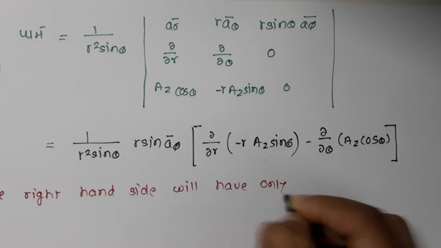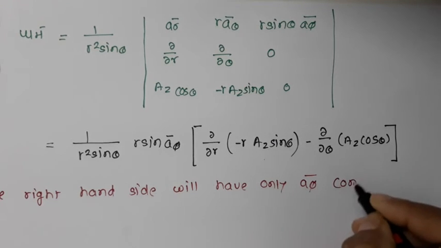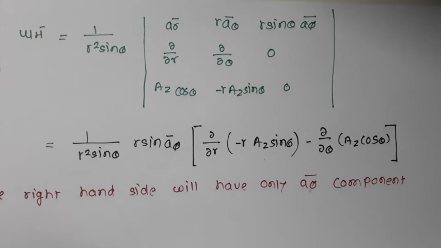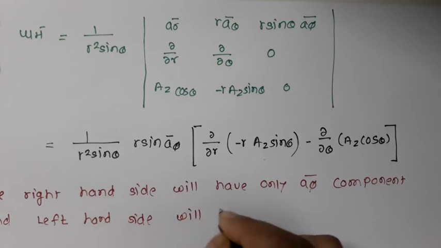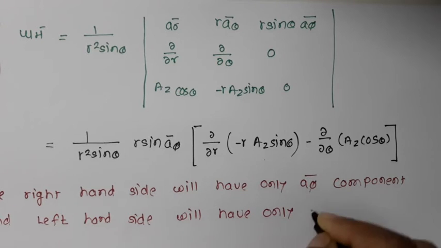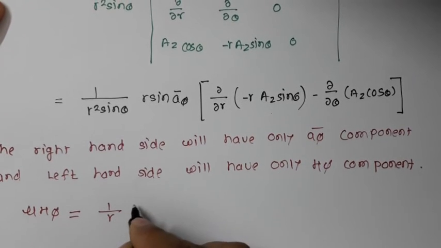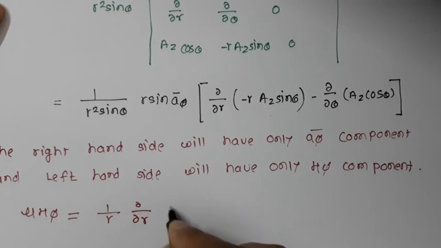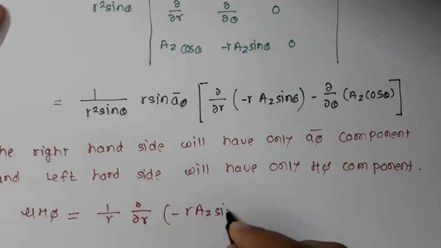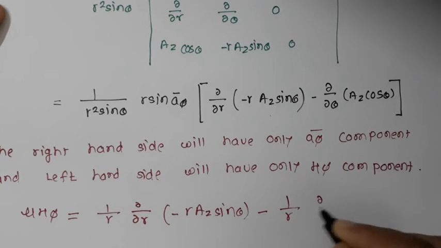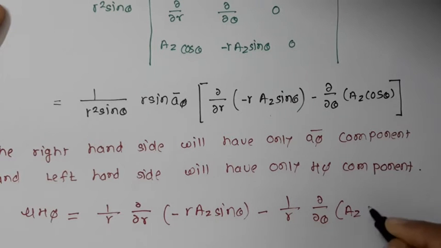So mu H phi is equal to 1 upon r, d by dr of minus r AZ sine theta, minus 1 by r, d by d theta of AZ cos theta.